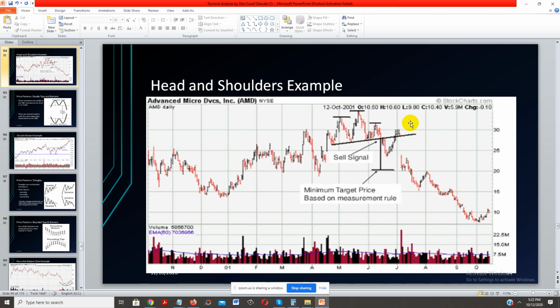And for people who use the closest resistance as their stop loss, it would hit this stop loss and the trend will continue.